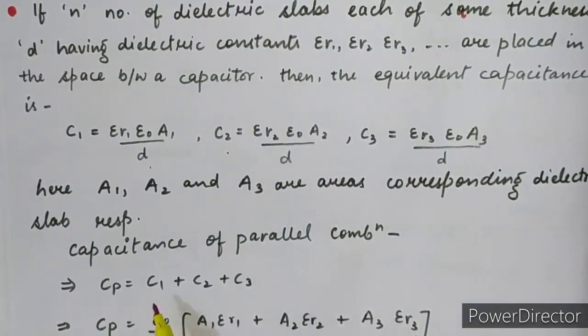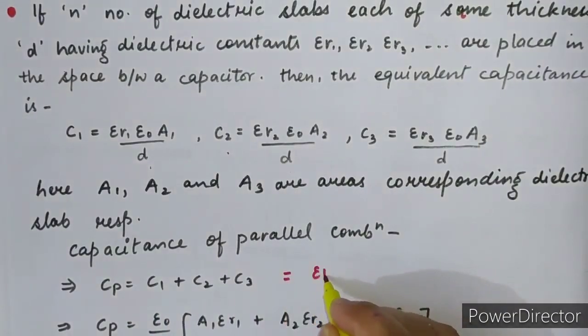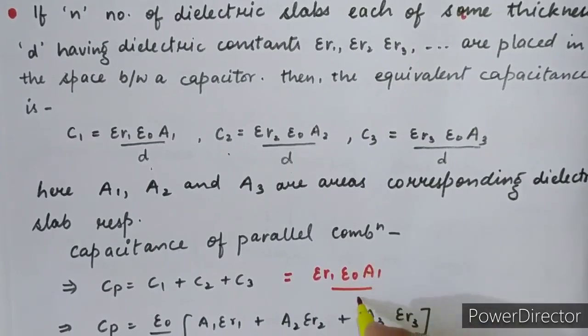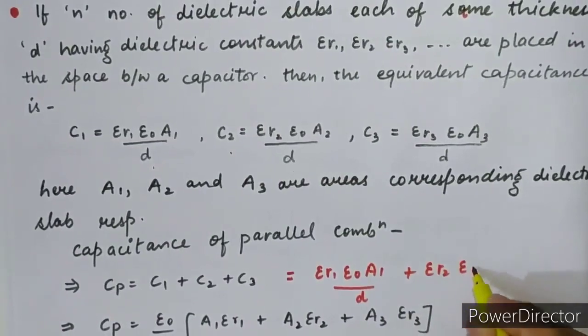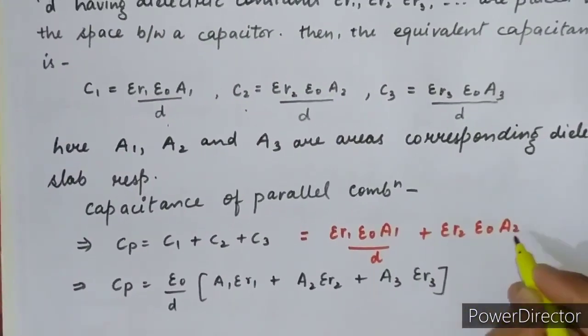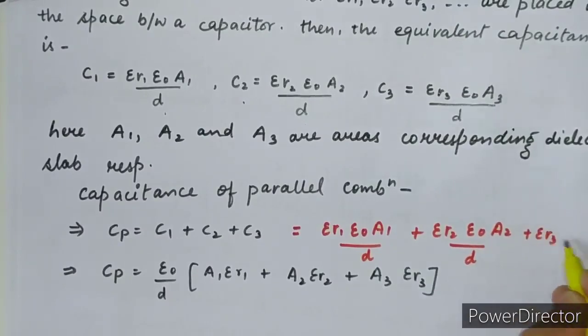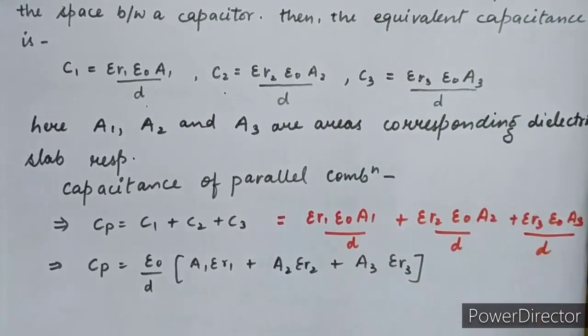The formula is Cp equals C1 plus C2 plus C3. Putting in the values, we get epsilon R1 epsilon naught A1 upon D plus epsilon R2 epsilon naught A2 upon D plus epsilon R3 epsilon naught A3 upon D.